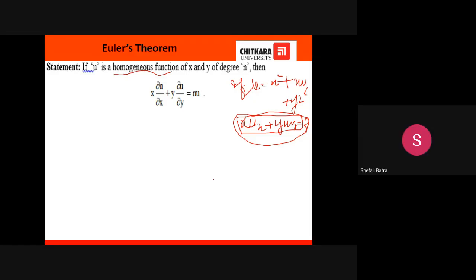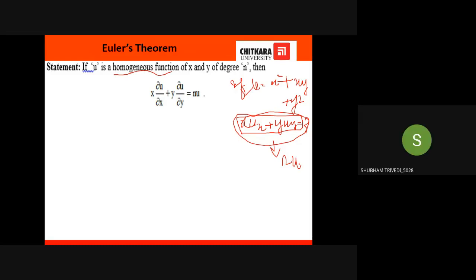Right now, or in another way, I can say 2u, because you are saying u is equal to x square plus xy plus y square. So your answer is 2u. Correct?